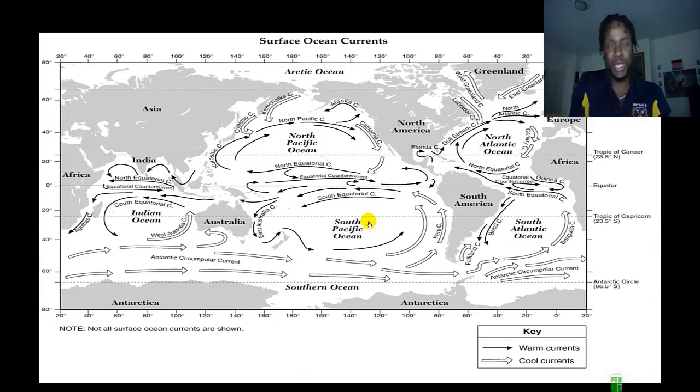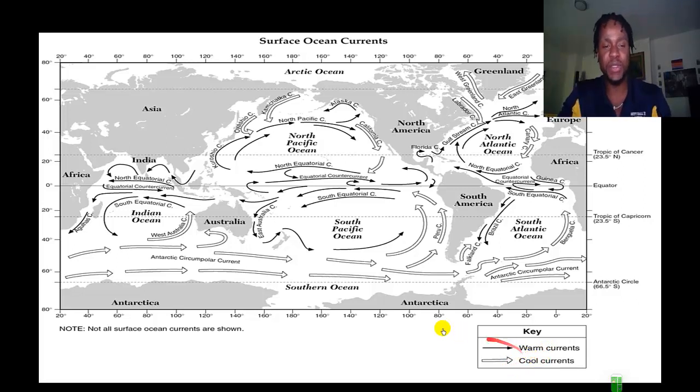Your Earth Science Reference Table, page number 4, gives a more simplistic view in black and white of what that effect is. If you look from the southern pole, you see this cool current. In your key, the black arrows represent warm current and the white arrows represent cool current.